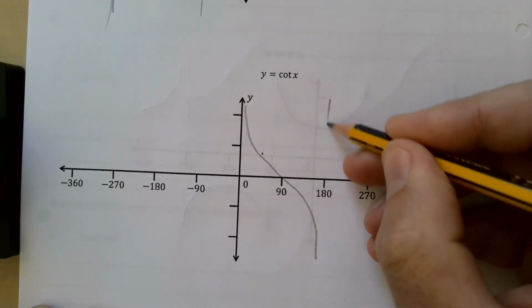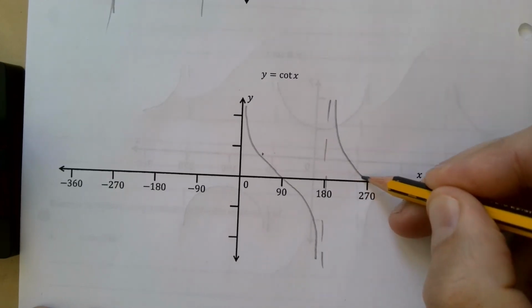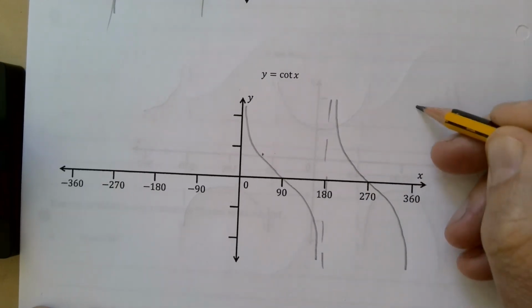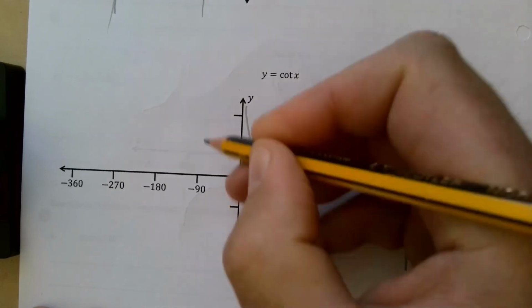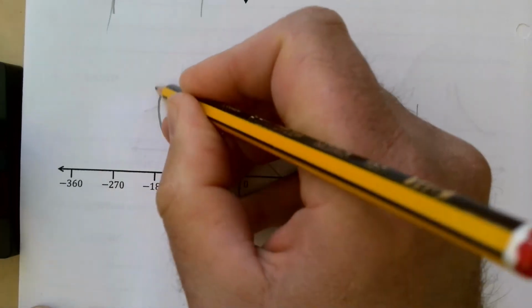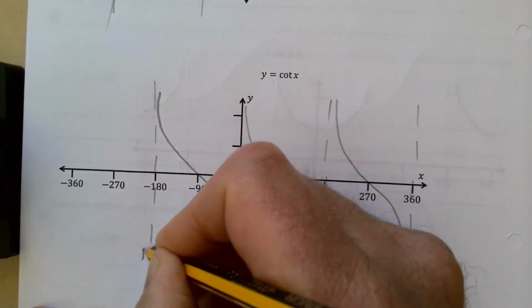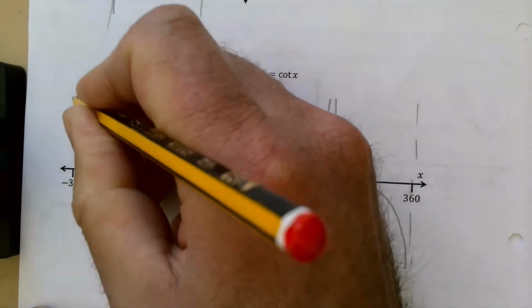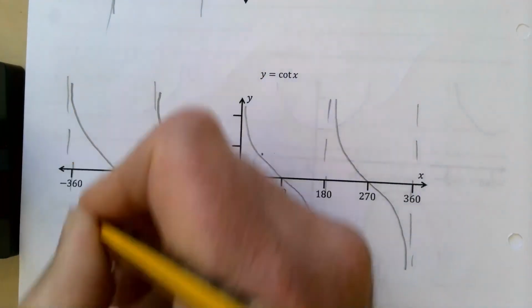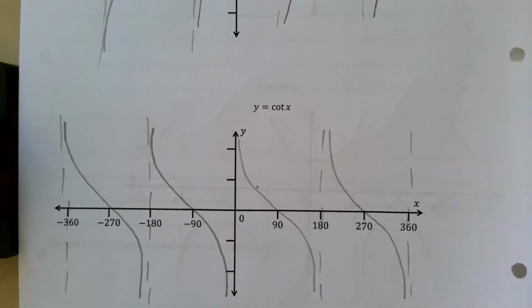And an asymptote going to run here. And final bit then rolling up like that. So those are our three graphs of our three new trig functions.